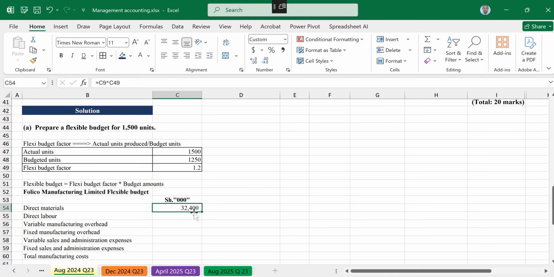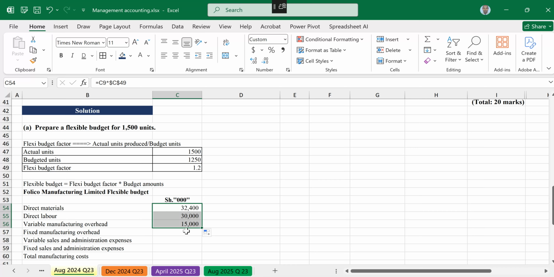I need to lock something. Lock the flexi budget factor, then enter. Drag down to direct labor. Drag down to variable manufacturing overheads.